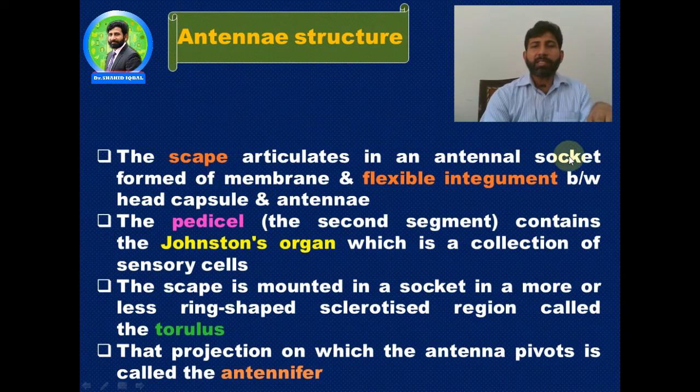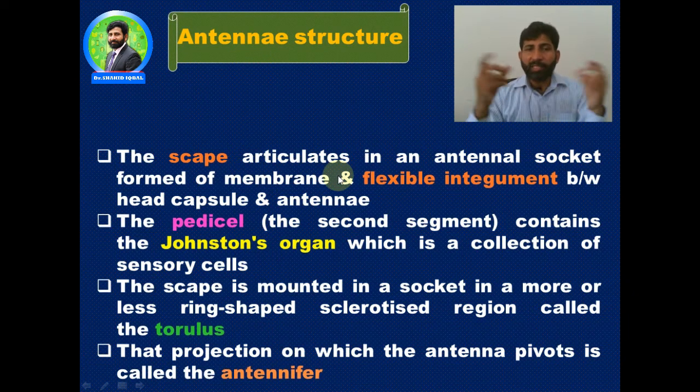The scape articulates in the antennal socket, which is formed of membrane and flexible integument between the head capsule and the antennae. The second is the pedicel, the second segment. That segment contains a specific organ called Johnston's organ. Johnston's organ is an aggregation of sensory cells, which are used to detect sensory perception.